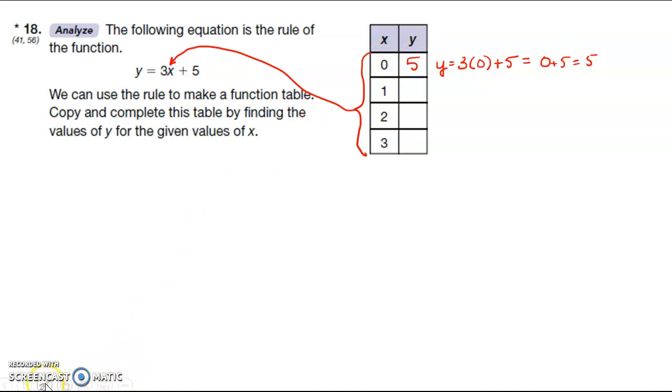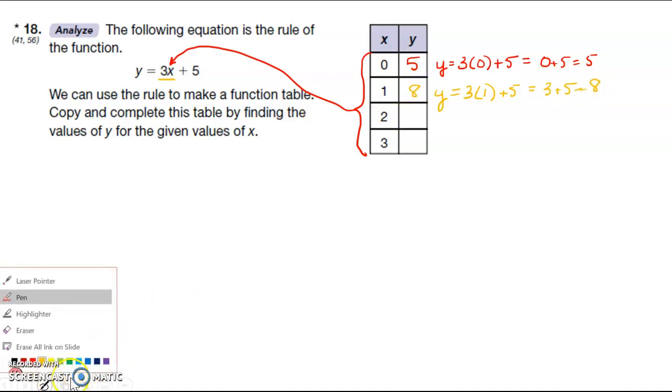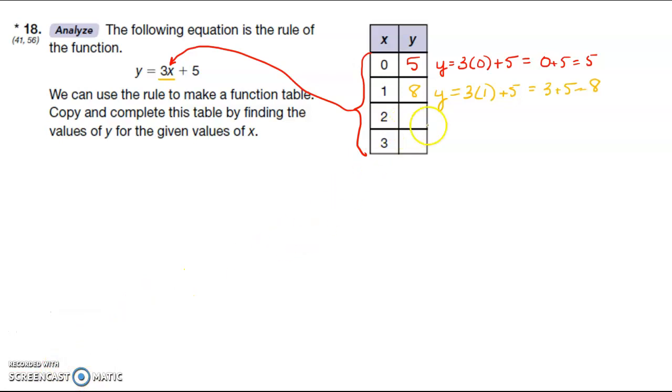Okay, let's make it a rainbow. Here I have y is equal to 3, just like it says here, times x, which is 1. So I'm going to plug in 1 for x plus 5. 3 times 1 is 3, plus 5 is 8. If I do yellow, you won't be able to see, so let's just do green.